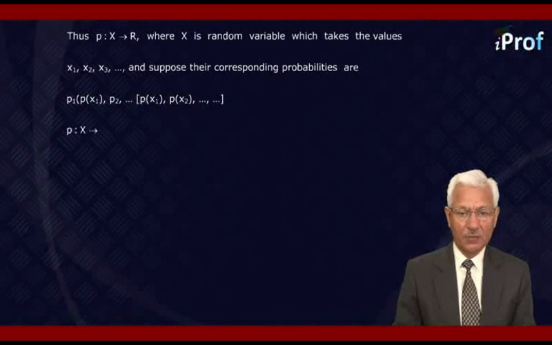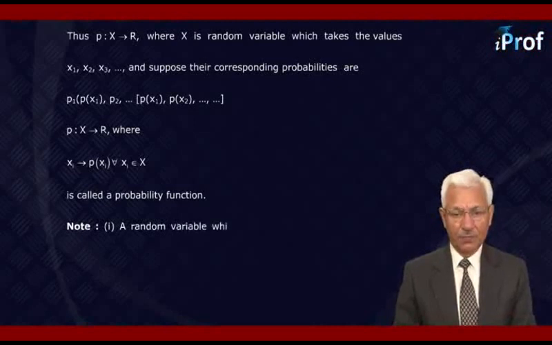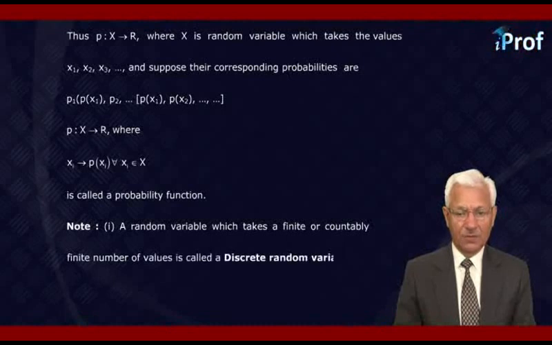So P: X to R, where xi goes to P(xi), for all xi belonging to X, is called a probability function. Now we have the following notes here. A random variable which takes a finite or countably infinite number of values is called a discrete random variable.